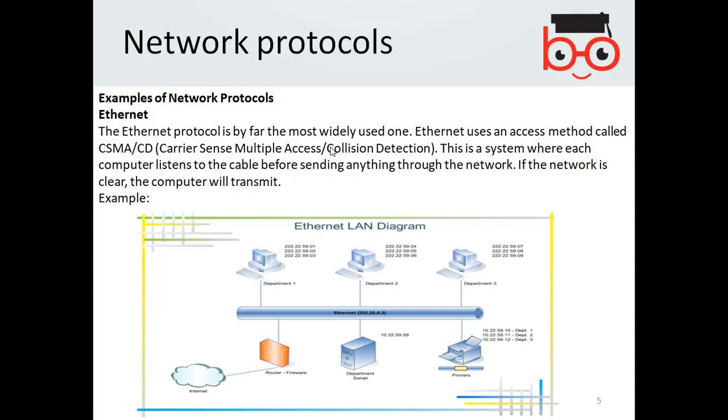First it checks that there is a path to send something on, and after confirmation of the path, you send the data in the data packet. So that is the mechanism behind Ethernet.